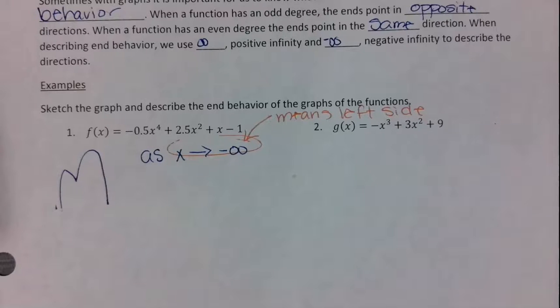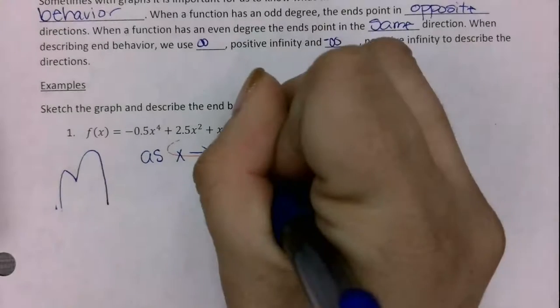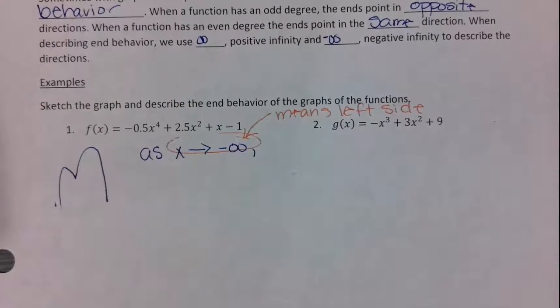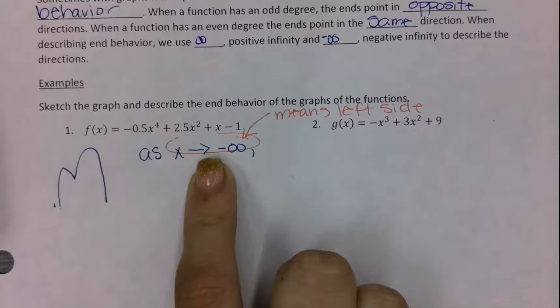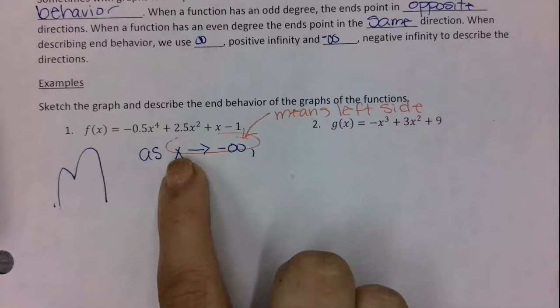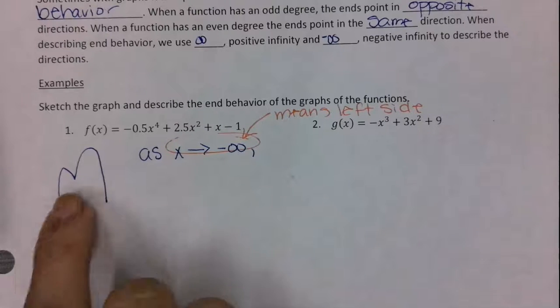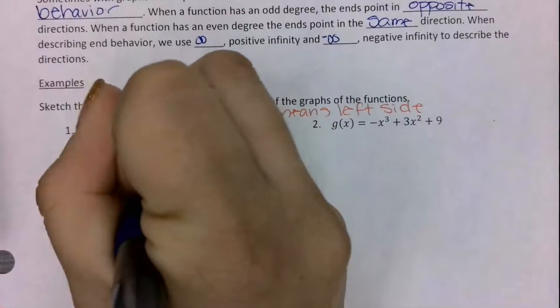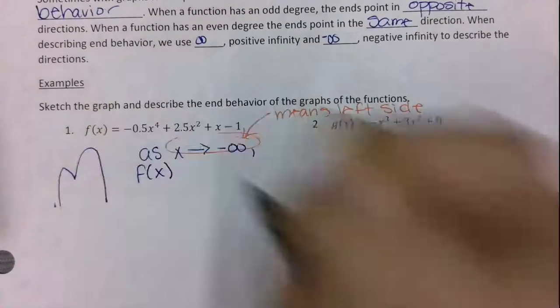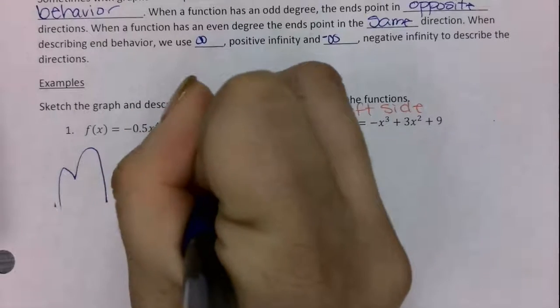So as x goes to negative infinity, what's happening? It means the left side of the graph. As I go more left, what happens to the graph? Is it going up or down? Down. So f of x, the function, also goes down.